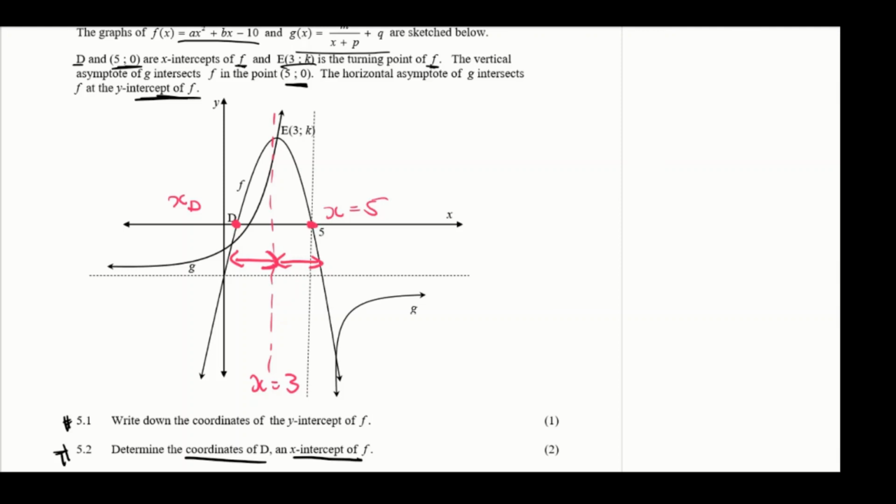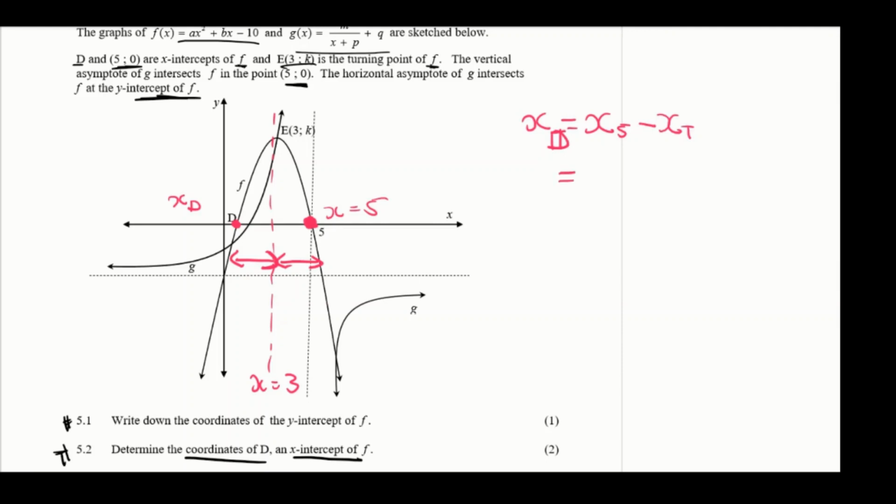So what I mean is the x of the turning point has a constant difference with the x-intercepts, meaning it divides them. So what we can do is the x of 5 minus the x of the turning point will give you the difference.